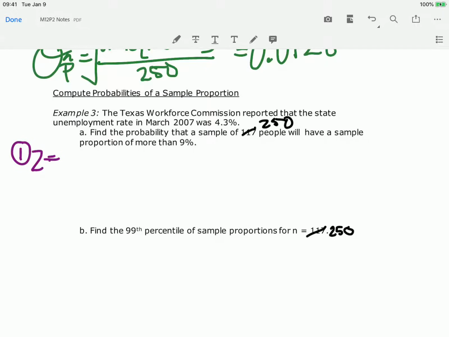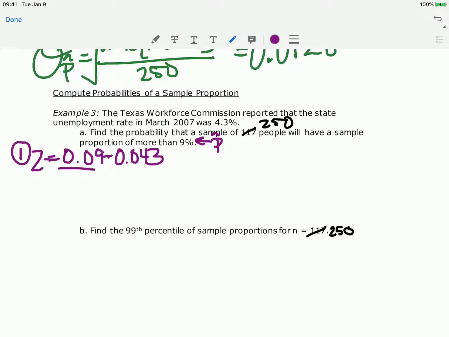The 9% was given to us. So that's our P hat. This guy right here is P hat. So we're going to take 9% as a decimal, 0.09, minus 0.043. We're going to divide that by 0.0128. So go ahead and do that. 0.09 minus 0.043, divided by 0.0128, and you get 3.6719.